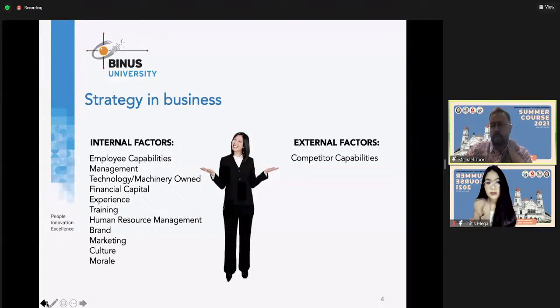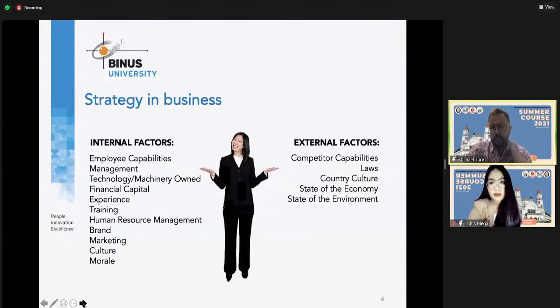We can make the culture that we want to make. We can hire the people that we want to hire. We don't have control over the external factors like our competitors. The laws, the country culture, the economy, whether it's in a boom or a recession.